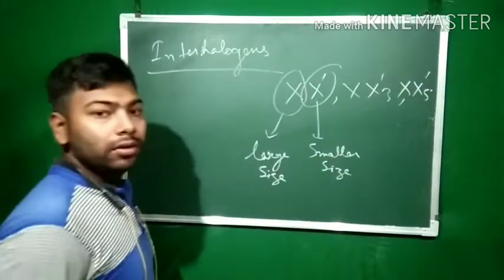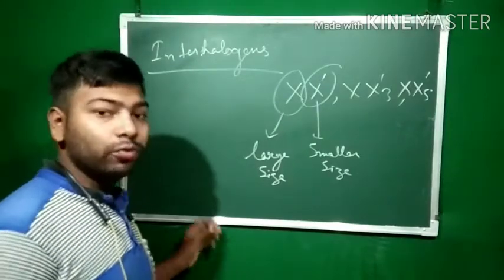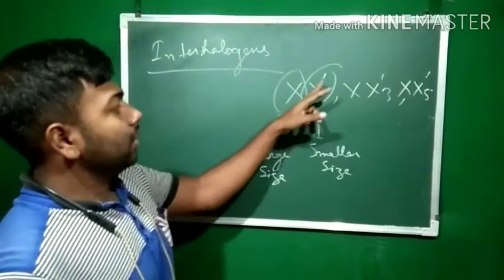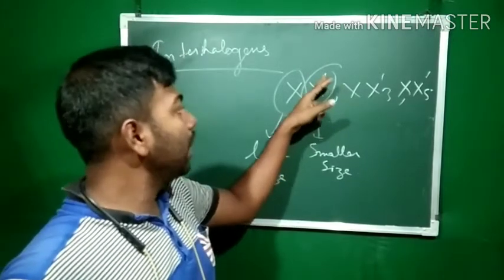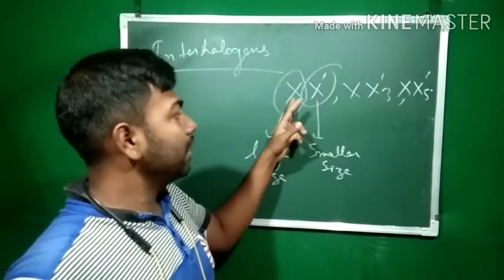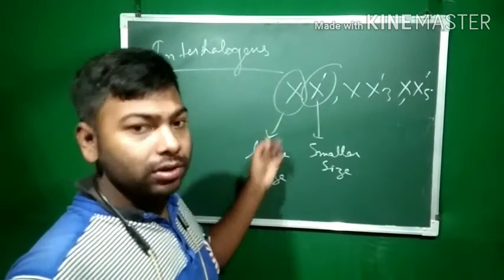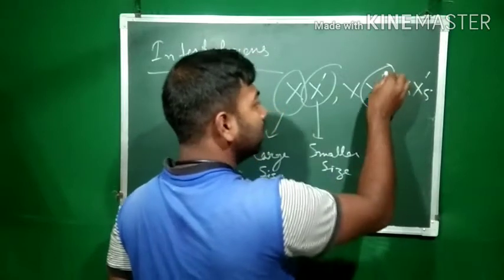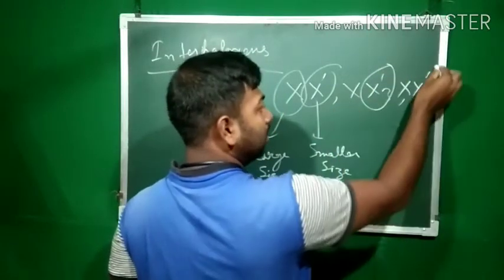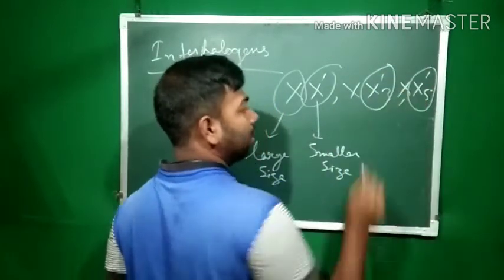Why? The main question is this: one X' halogen is linked with this X atom. X is another halogen. In the case of XX'3, three X' halogens are attached to this X halogen, and in XX'5, five X' are attached.